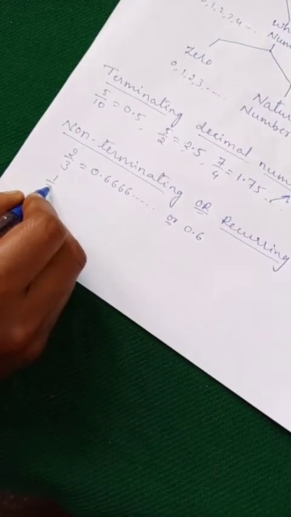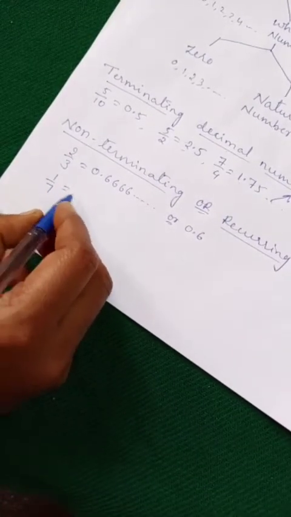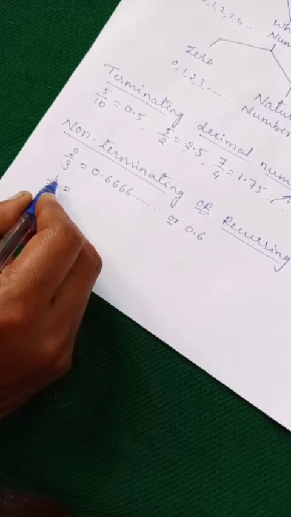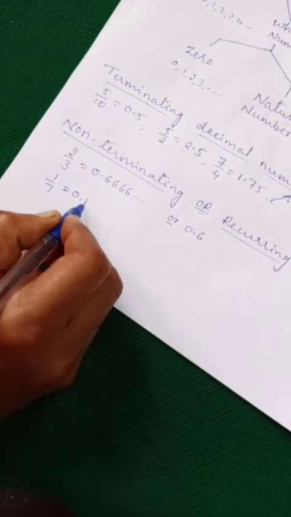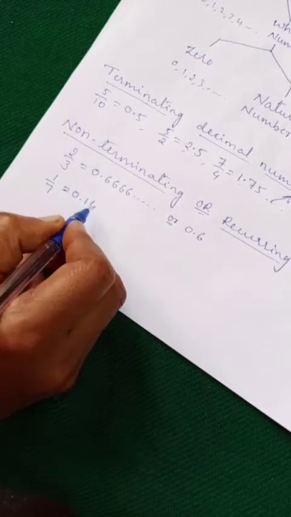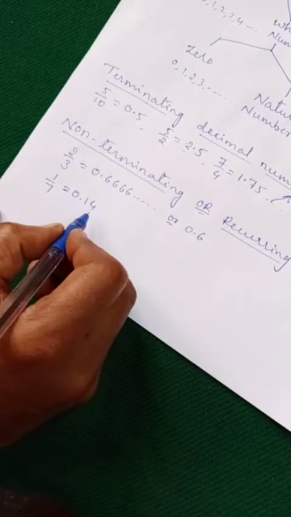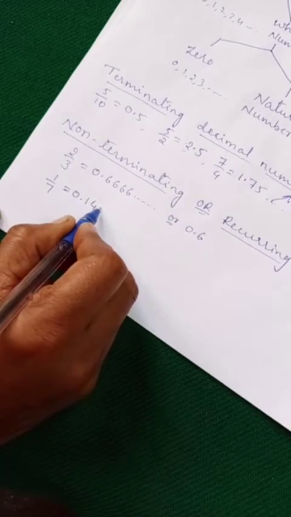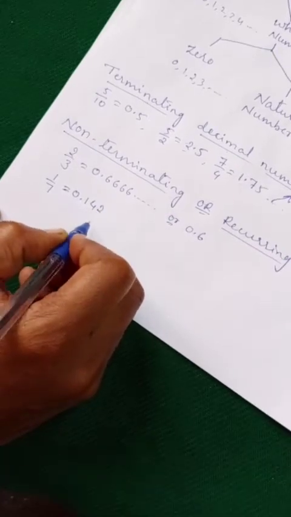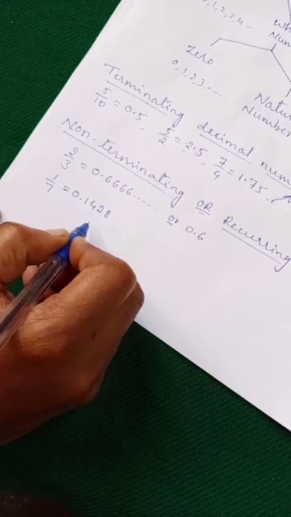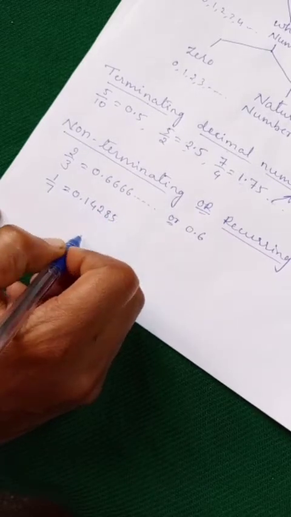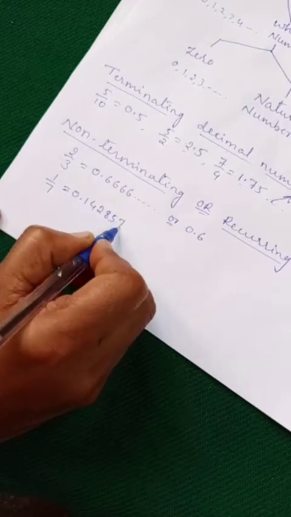Suppose I take 1 by 7 as a rational number. After dividing 1 by 7, we get 7 ones are 7, 4s are 28, 2s are 14, 8, 5, 7.